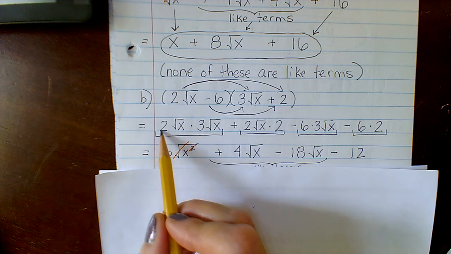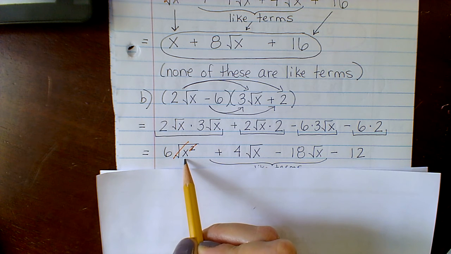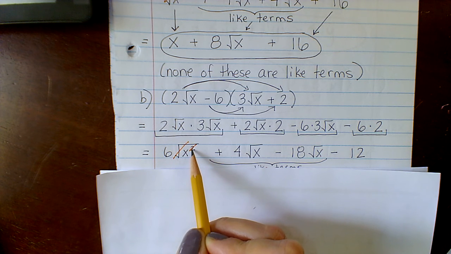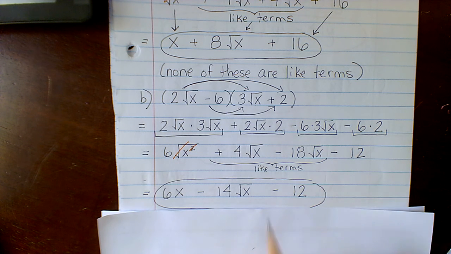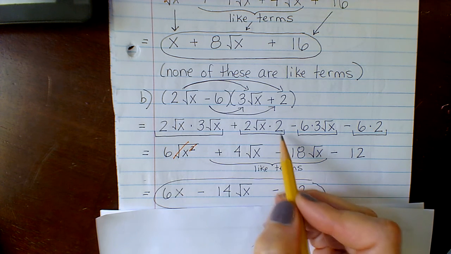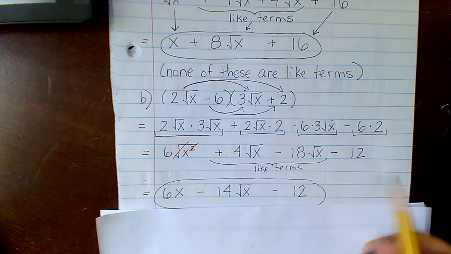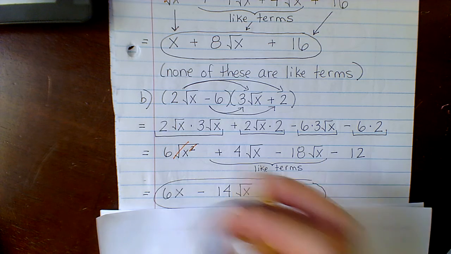So combining these, 2 times 3 is 6. Root x times root x is root x squared. So square root of x squared, remember the square root and the squared are inverse functions, they undo each other. So that's just going to give you x. Here I'm going to get 4 root x. Here I get 18 root x. Bring down that sign. 6 times 2 is 12. These are like terms.